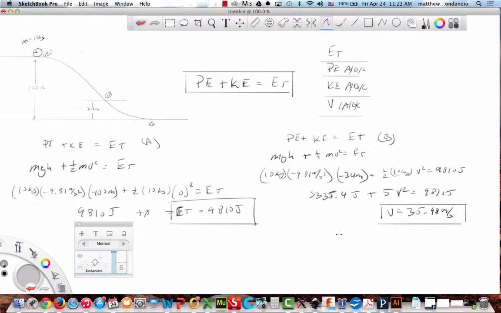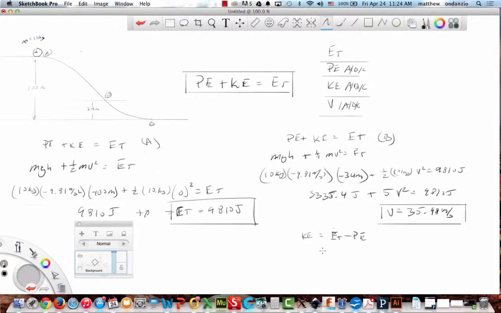So you know that, right? The KE at B is equal to my 9810 joules, which is my total, minus my PE. My kinetic energy is equal to my total energy minus my potential energy, right?